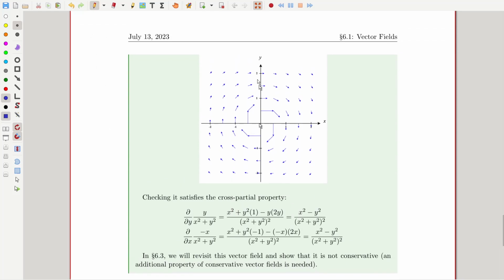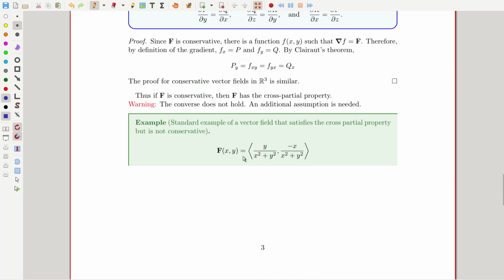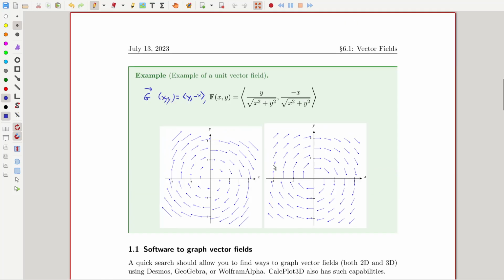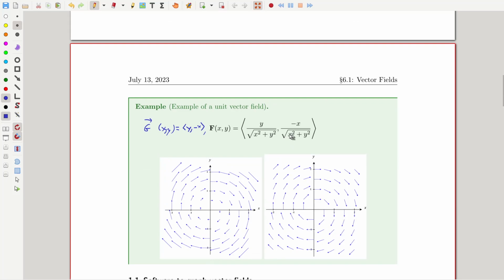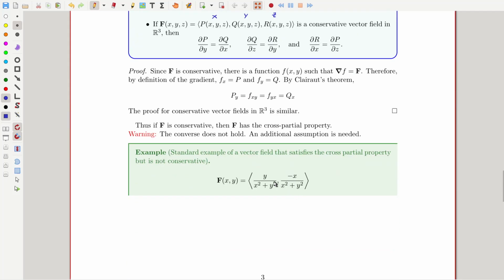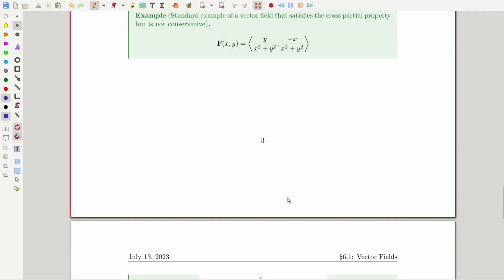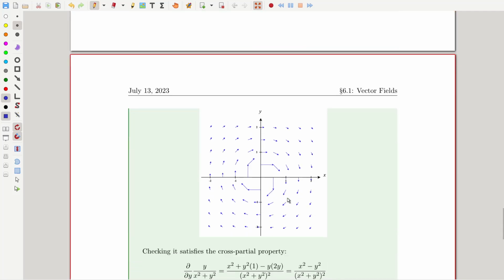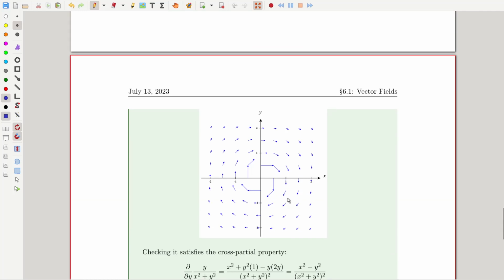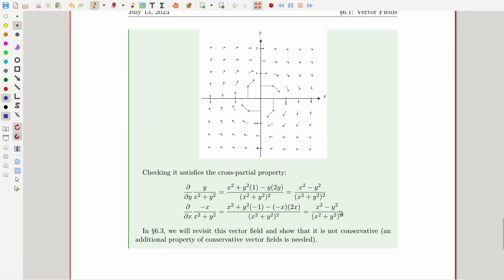This vector field looks really similar to the previous one, except notice that the previous one has a square root, whereas in this one the signs are the same. It's still y and minus x on top, but you don't have the square root. You have just the magnitude squared of it. I think some people call this the radial vector field, but I'm probably forgetting terminology.